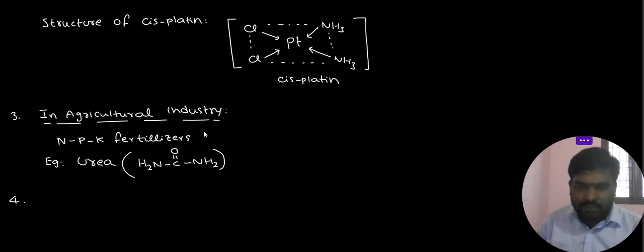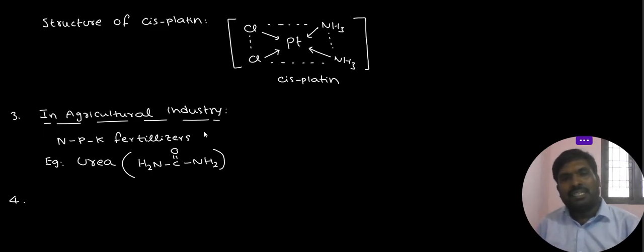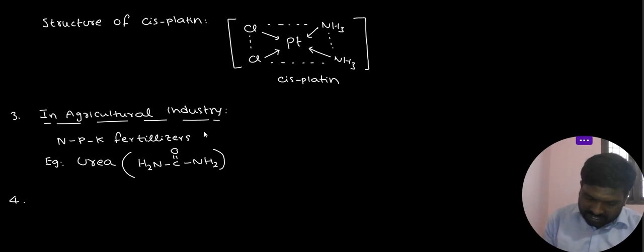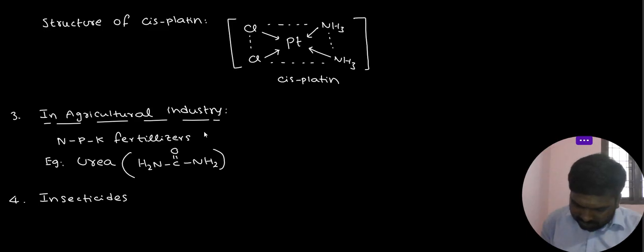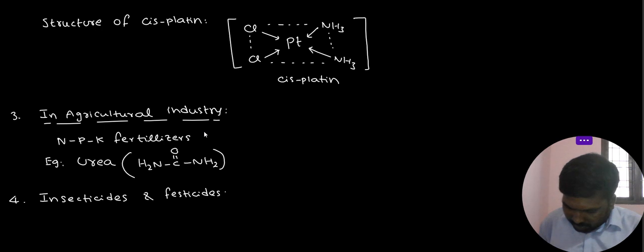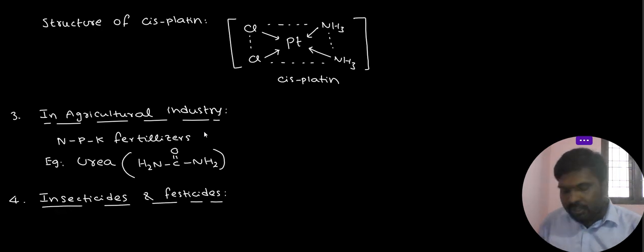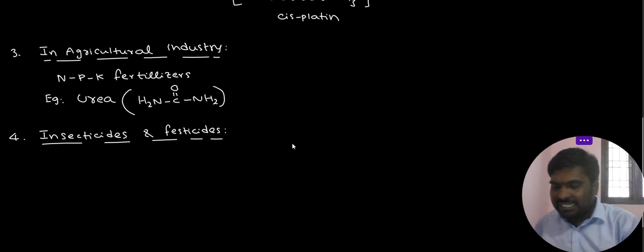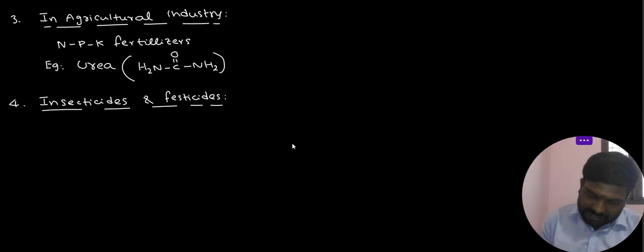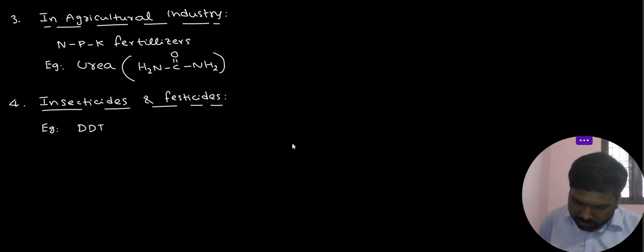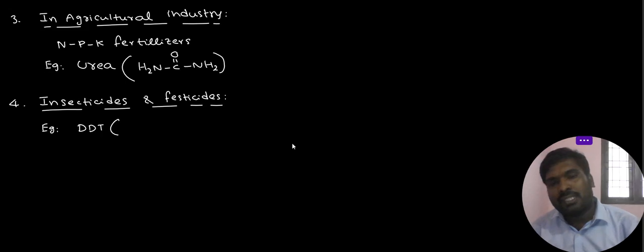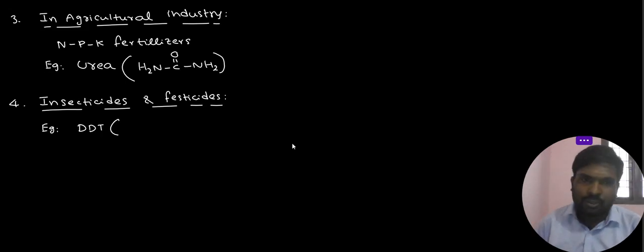Now fourth one, insecticides and pesticides. You know, DDT is the best insecticide. It is used to kill the microorganisms and help plants grow, giving good productivity.